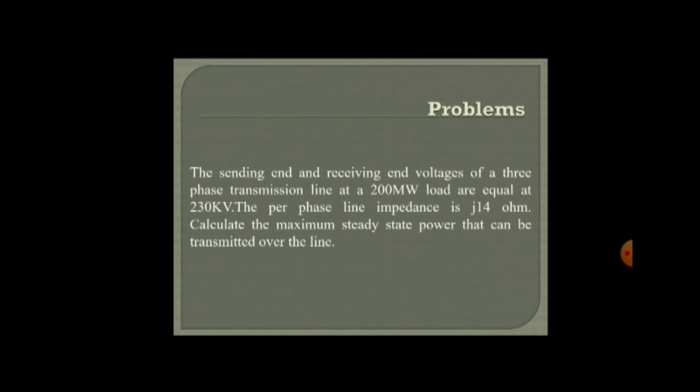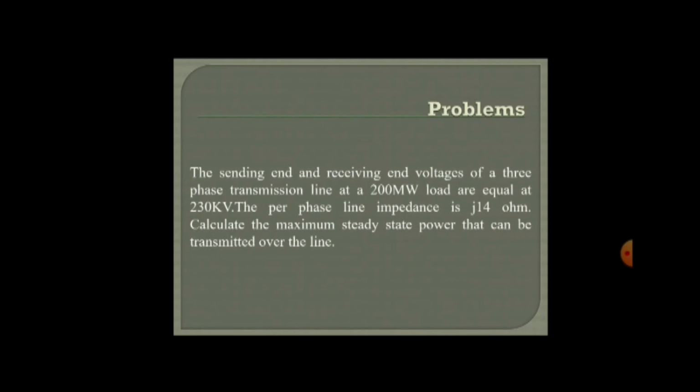Is it at all possible? This is a theoretical question. So we are assuming that the sending end voltage and the receiving end voltage will be the same, that is 230 kilovolts, at a load of 200 megawatts.